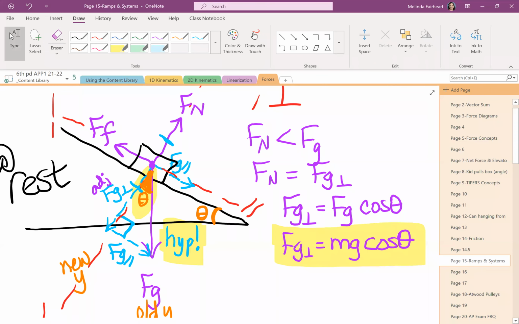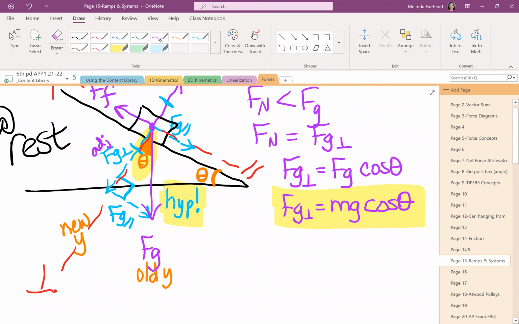What about Fg parallel? And I'm going to use the one that's part of the triangle, okay? So Fg parallel is opposite theta. And again, Fg, the actual weight of the object, is your hypotenuse.